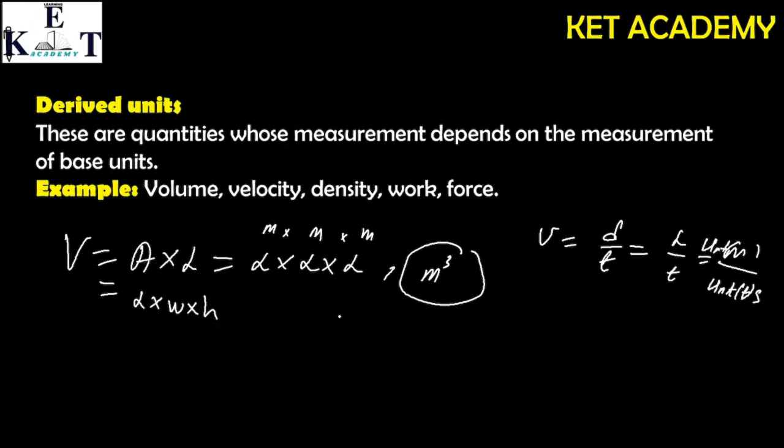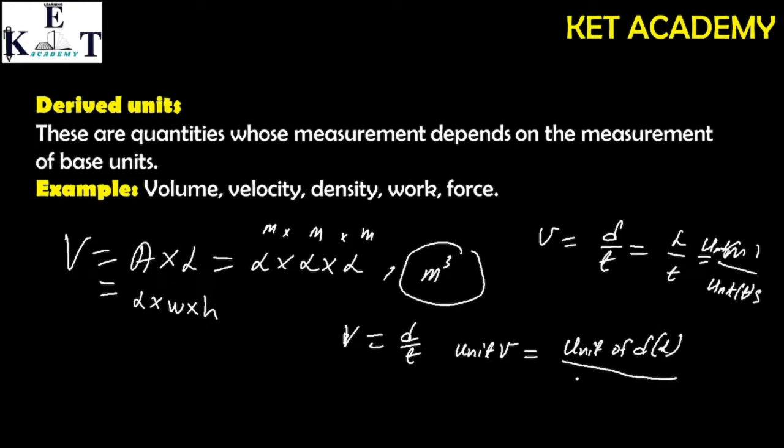So to do this properly, you know that velocity is distance over time. So the unit of velocity will simply be equal to the unit of distance, or the unit of length, over the unit of time.